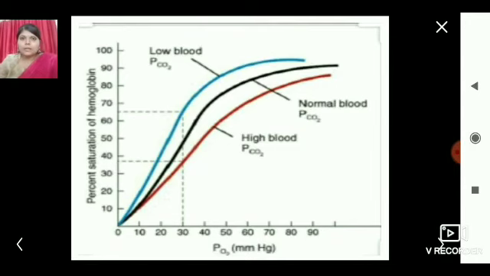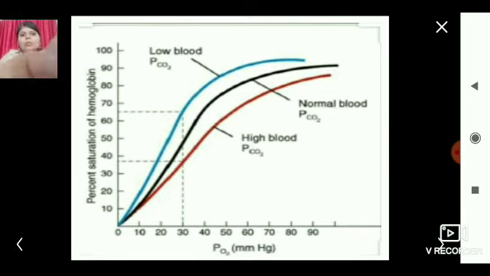Bohr's effect says that when the partial pressure of carbon dioxide is high, the oxyhemoglobin releases the oxygen. It is going to readily release the oxygen molecules when the carbon dioxide partial pressure is high. The oxyhemoglobin starts releasing the oxygen molecules when the carbon dioxide levels are higher in the blood. This is Bohr's effect.